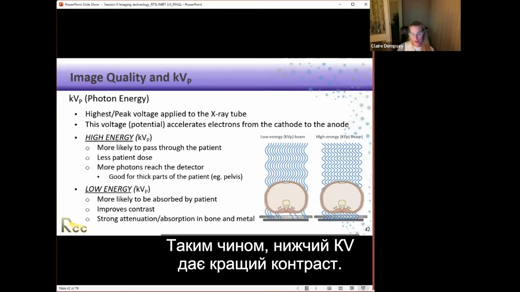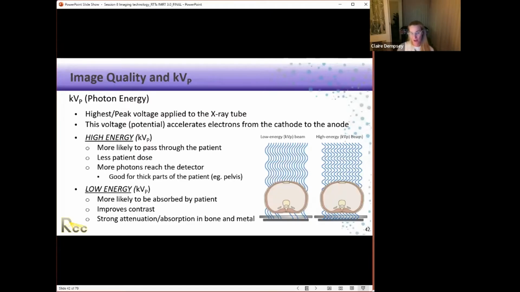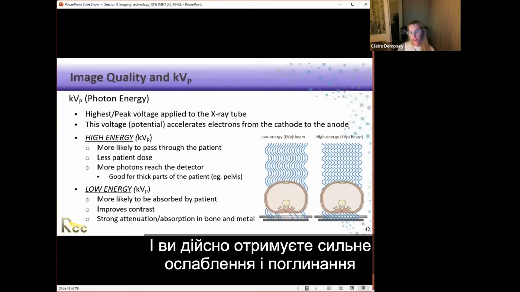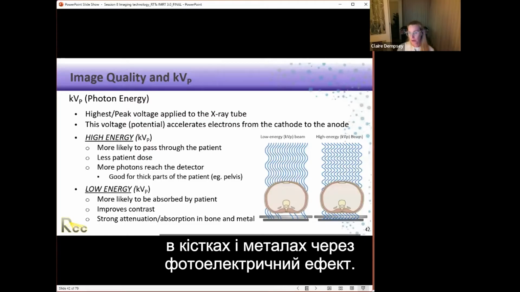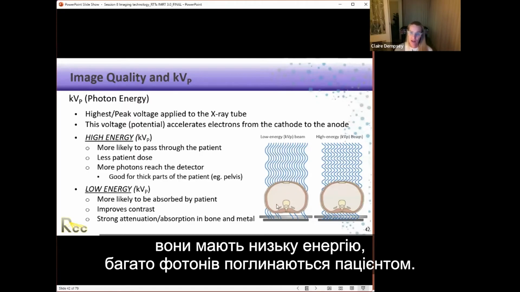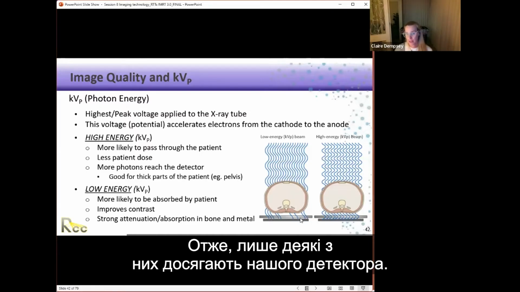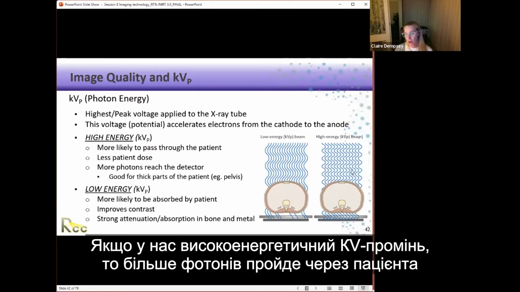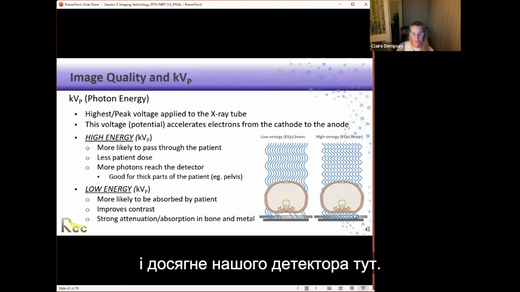So lower kV gives improved contrast. And you do get strong attenuation and absorption in bone and metal because of the photoelectric effect. You can see here with low energy, a lot of the photons are being absorbed in the patient, so we've only got a few reaching our detector. If we have a high energy kVp beam, more of the photons are going to pass through the patient and reach our detector.